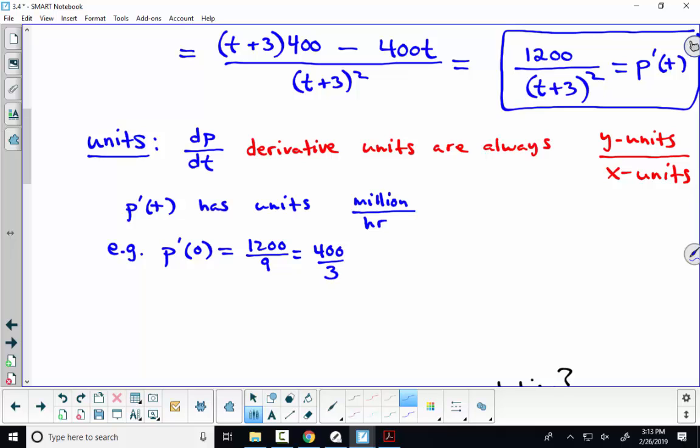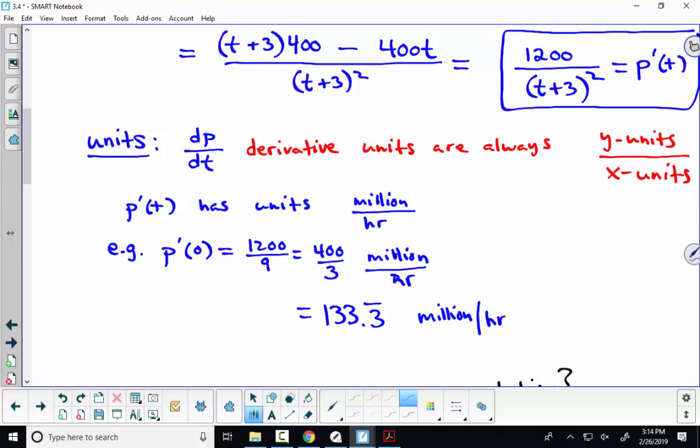So if we say p prime of 0 is 400 over 3, what we really mean is 400 million over 3 hours. And does anyone have a calculator? What's 400 divided by 3? 133.33, with a repeating 3, million, millions per hour.